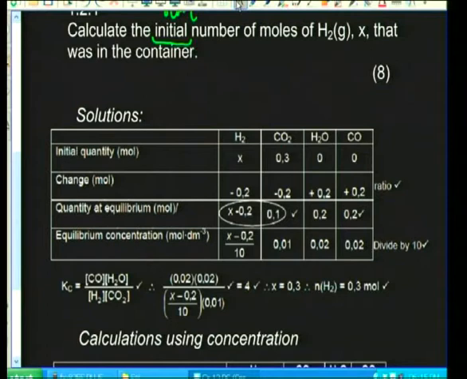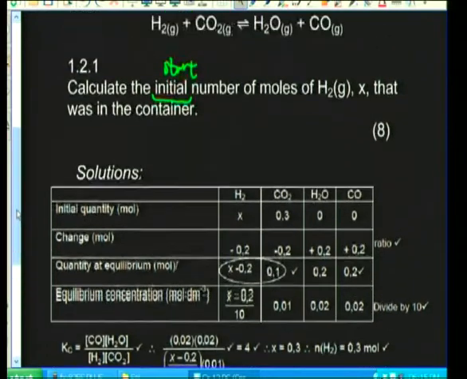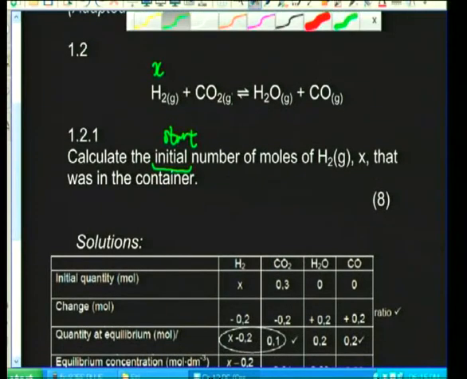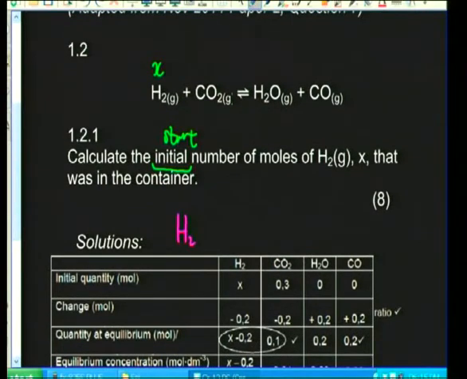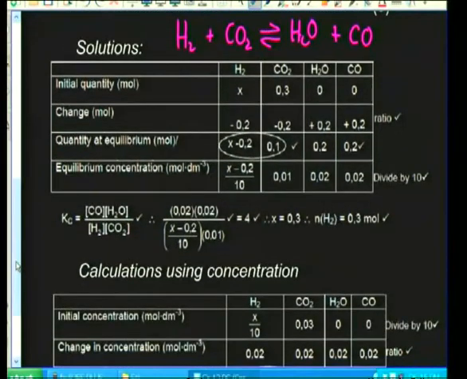So let's go back and make sure that we've got all our details. I'm going to spend a moment and just write down my reaction. H2 plus CO2, forward and reverse reaction, H2O plus carbon monoxide. Okay? We were told that we had X as our quantity. It's an unknown value.